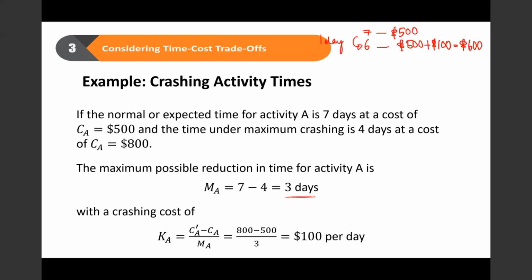So 7 days now becomes 5 days, and the cost is now 600 plus 100, so this is now $700. That means I do it under 2 days of crashing. And so on, I can do it up to 3 days, so reduce it to 4 with a maximum crashing cost of $800.